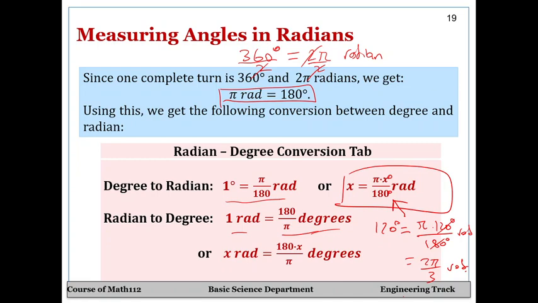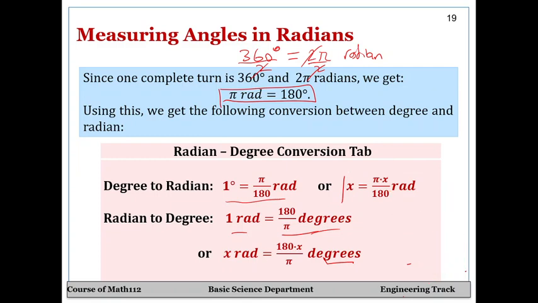And in the other way, if the radian is given and it's asking for the degree. So for example, assume we have, let's say, 3 radians.